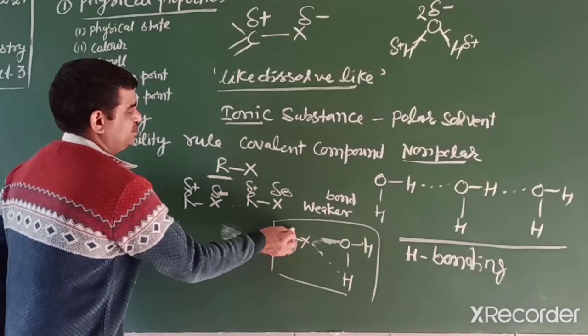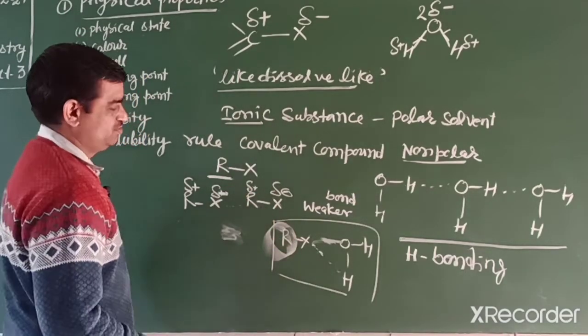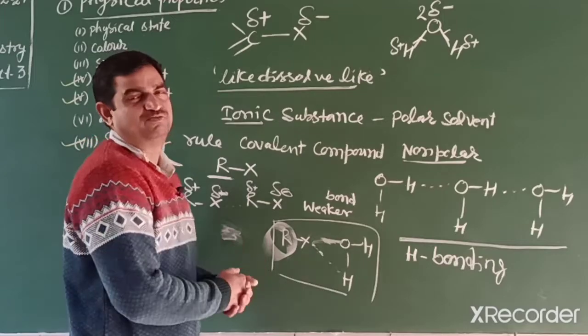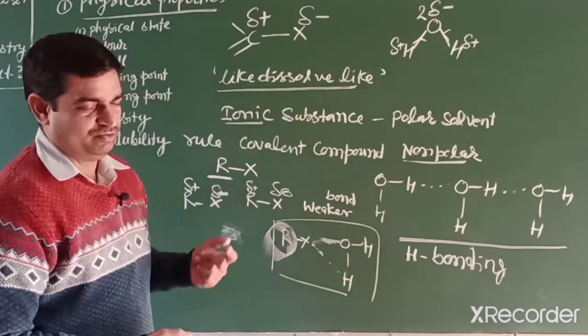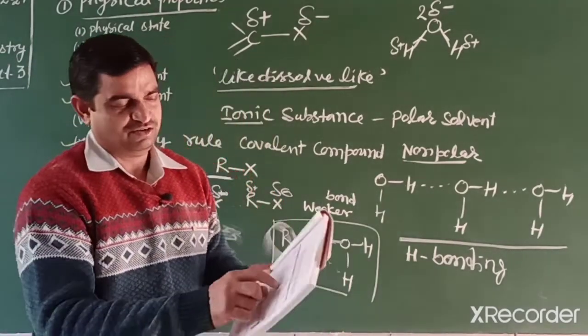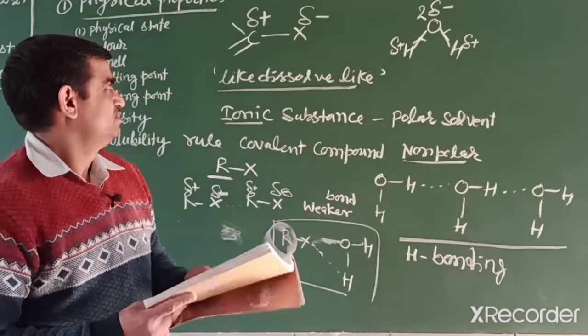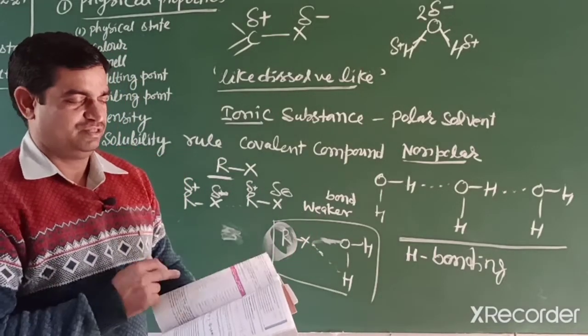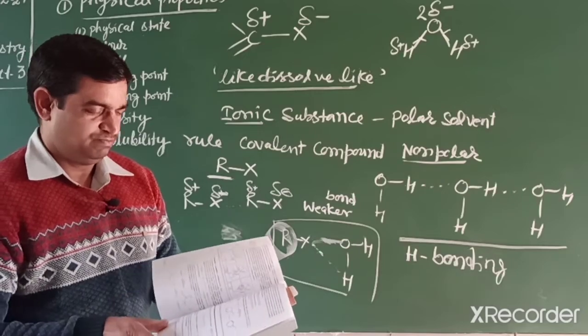When the alkyl group size increases, solubility decreases, because it is a hydrophobic group. In this way you can explain solubility using your NCERT and solve related numerical problems.